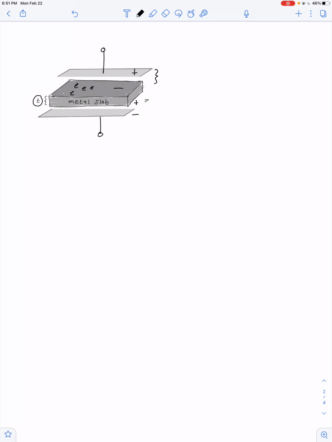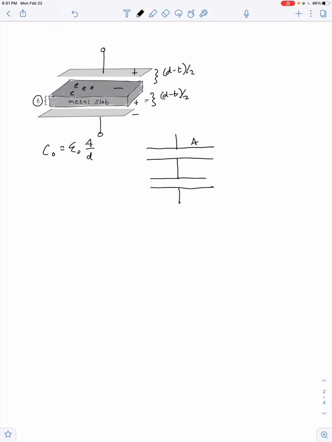Now the space between the top plate and the top surface of the metal slab isn't D over 2, it's D minus the thickness of the slab, over 2. And the same spacing between the bottom surface of the metal slab and the bottom plate. So again, it's as if we effectively have two capacitors connected in series with the same area as our original capacitor, but different plate separation.